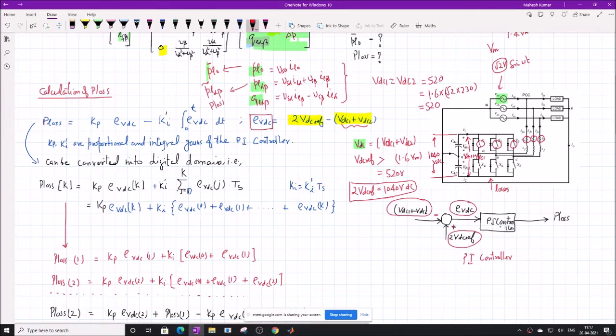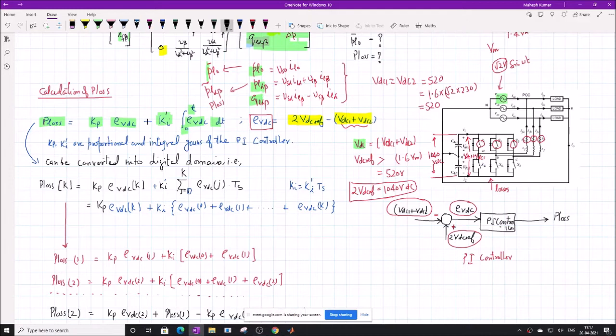Therefore PLOS is given as Kp into EVDC plus Ki dash, I have taken Ki dash, integration from 0 to T of EVDC dt. This is the simplest PI controller equation. This is plus here because we have to sum the two gains, the proportional gain and the integral gain.